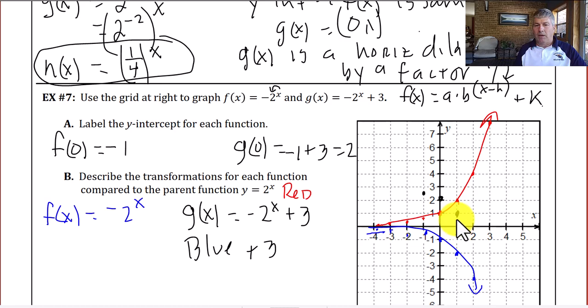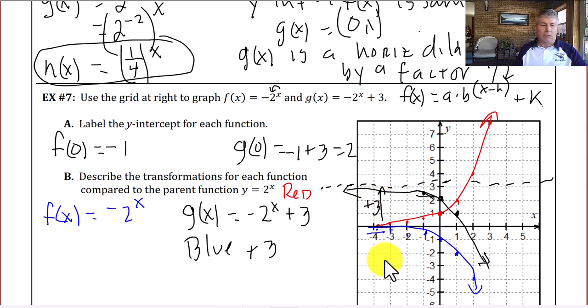And that graph is going to look like this. So we have a horizontal asymptote at y equals 0. Now our new horizontal asymptote is going to shift up to y equals 3. So we're just going to skim right underneath that. That horizontal asymptote shifts up 3 units.